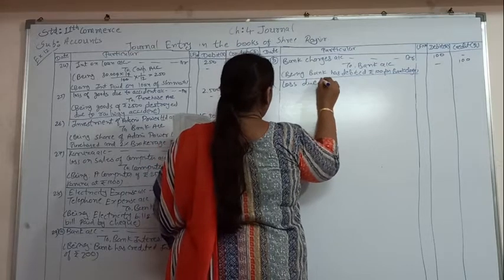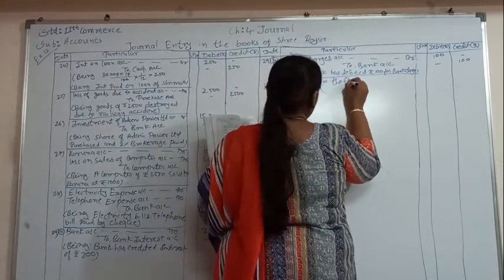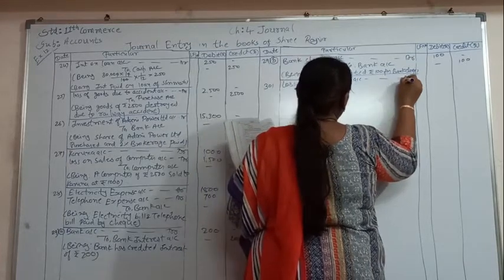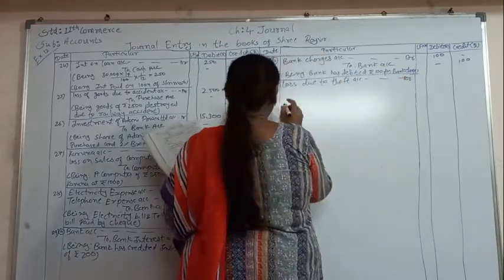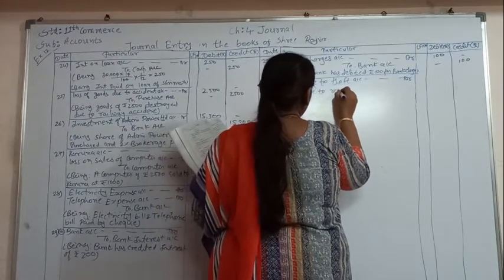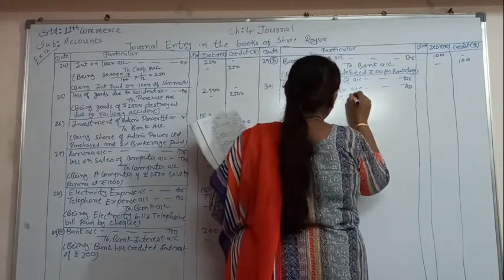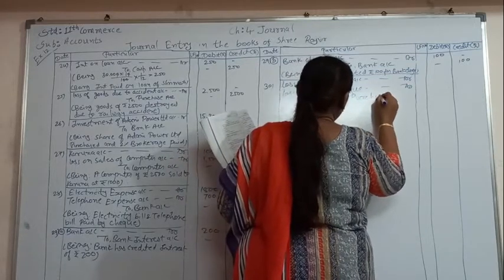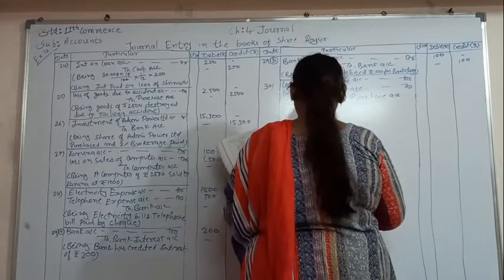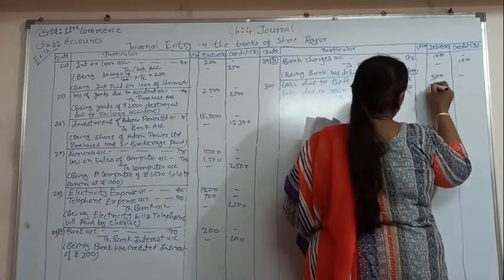Loss due to theft account debit, loss due to rain account debit, to purchase account, and it will be, as we know, 500 and 200.